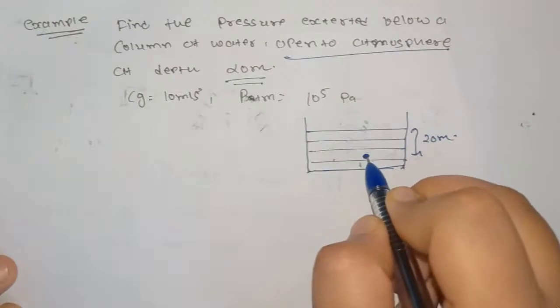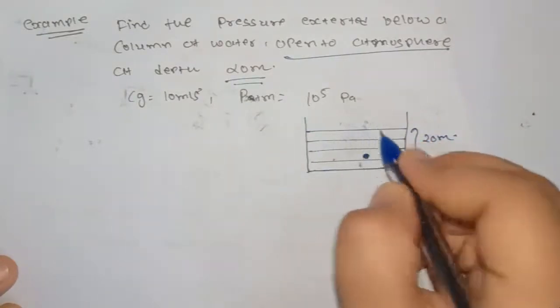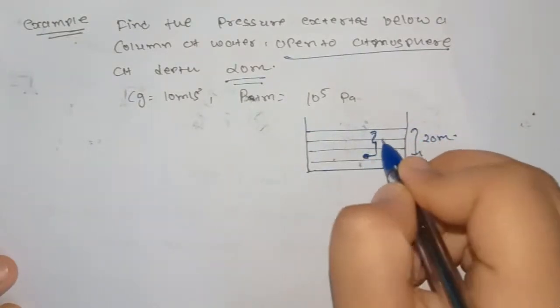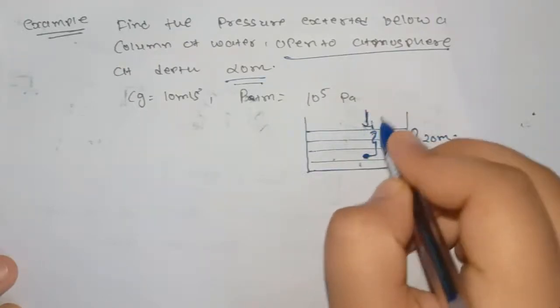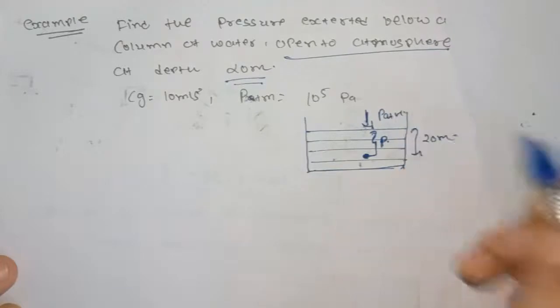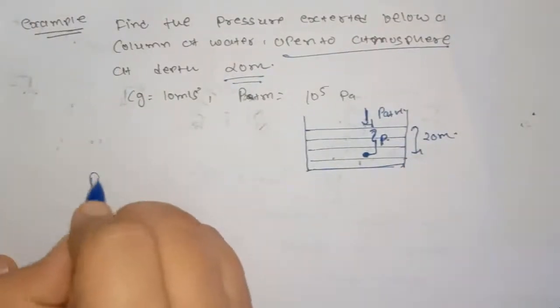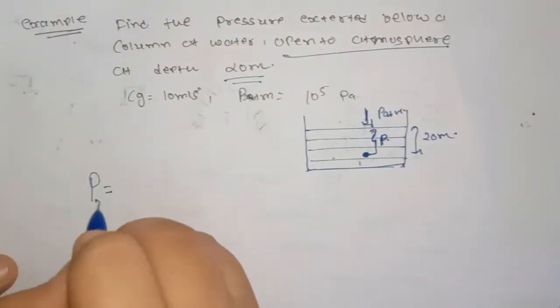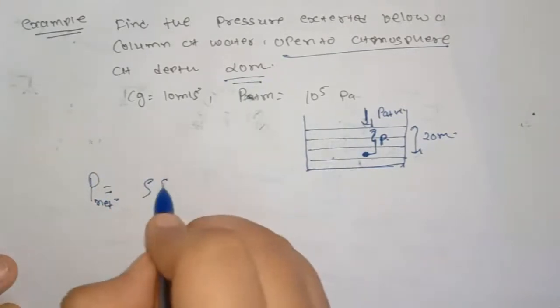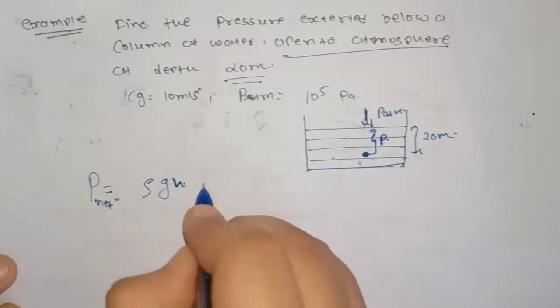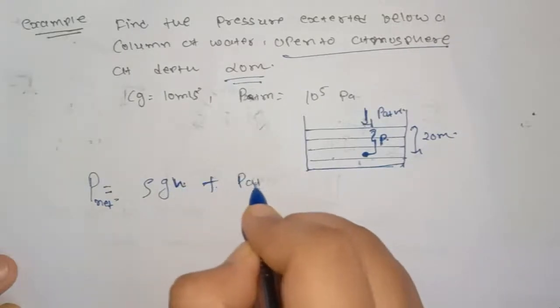At this point, the pressure will be due to this water column, plus the additional pressure, that is atmospheric pressure. So the total or net pressure will be equal to rho g h plus atmospheric pressure.